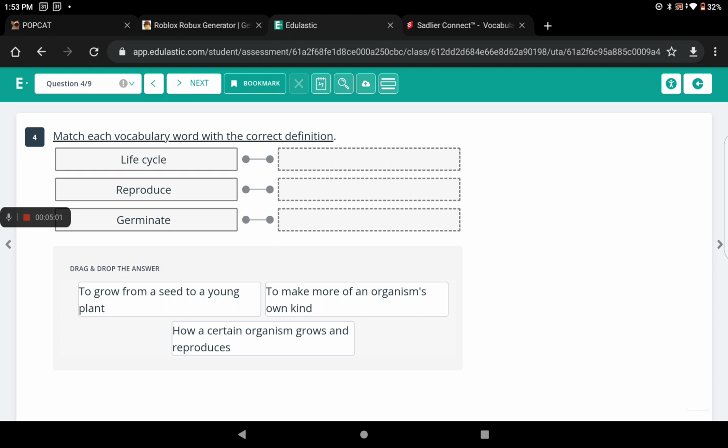First definition, to grow from a seed to a young plant. Will it be life cycle, reproduce, or germinate?